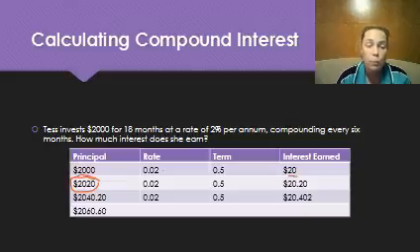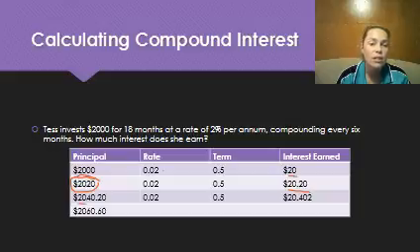Once again, we multiply that by an interest rate of 0.02 for a term of half a year, and the interest that we earn is $20.20.